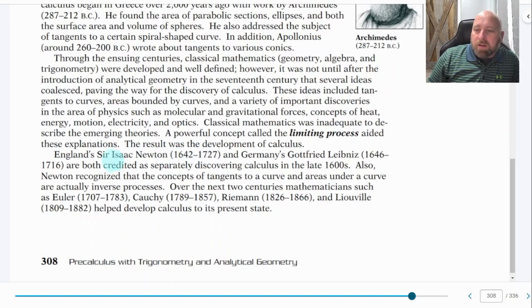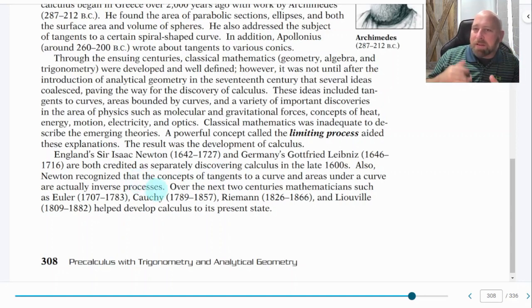Now, another thing that's kind of cool is, as far as we know, these two guys, before they discovered these concepts of calculus, didn't really know each other. They didn't ever collaborate and tell each other what they were doing. So both of them had their own ideas about calculus.